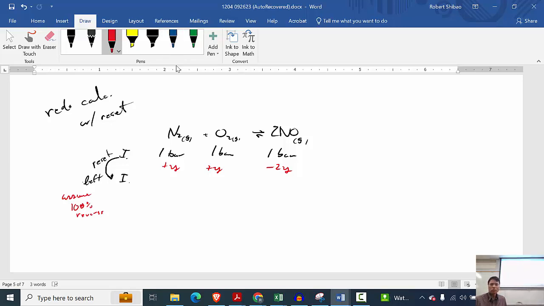And so this must mean y is 0.5 bar. And so my reset conditions are now going to be 0 bar NO, and then I'm going to add a half a bar over here, so this will be 1.5 bar. I'm starting off with exactly 1 bar, so this is why I'm ignoring the sig figs. This is going to be 1.5 bar here. So I still have all the same number of atoms. I just moved all the atoms to the left side. And so like the seesaw, it doesn't really matter as long as everything's there.